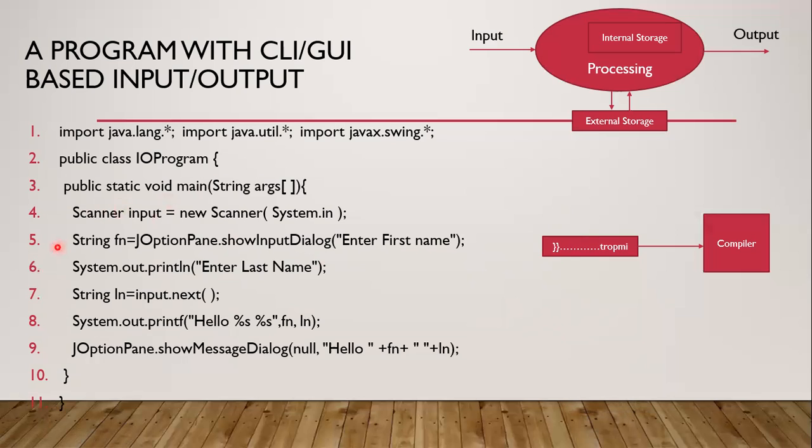Within the main, we have multiple lines of instruction code. It will be executed one by one. Now you can see here the scanner. The scanner is an object we need to read from the command line interface. System.in, System.out. System.out is by default linked to the screen of your machine, your display unit.